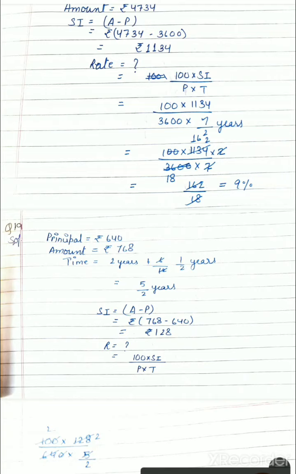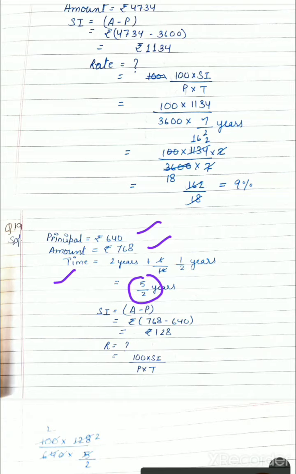Question number 19. In question number 19, principal is given, amount is given, time is given: 2 years 6 months. So, we can say 2 years and 2.5 years, because 6 upon 12 will be half. Now we will take LCM, solve, and we will get 5 upon 2. The time is 5 upon 2.